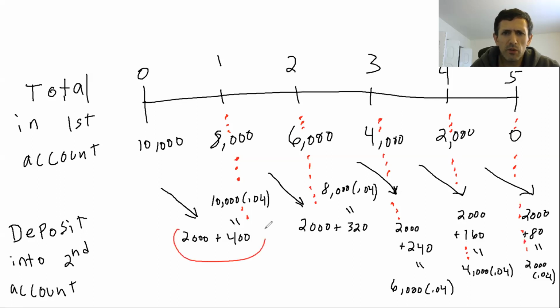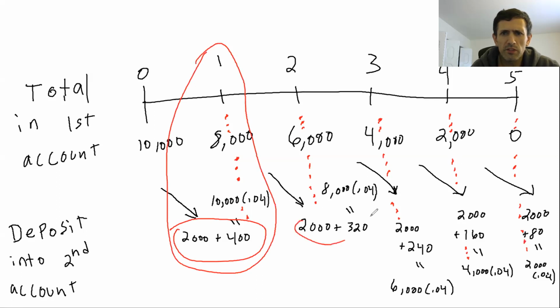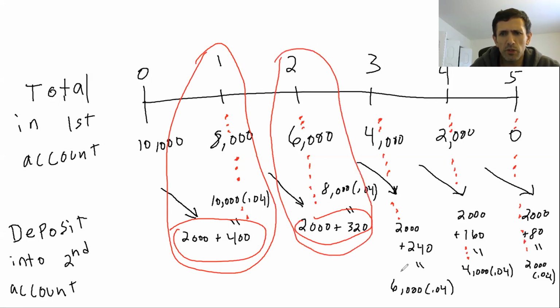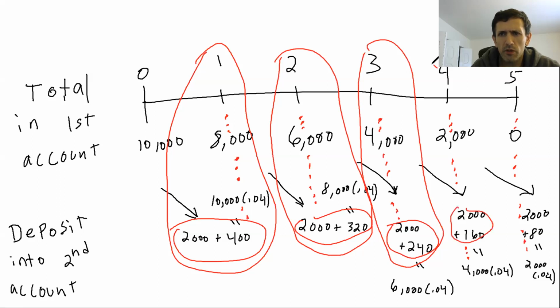So this is the amount at t equals 1 in the second account that we're depositing. This is the amount at t equals 2 we're depositing, and so on and so forth.